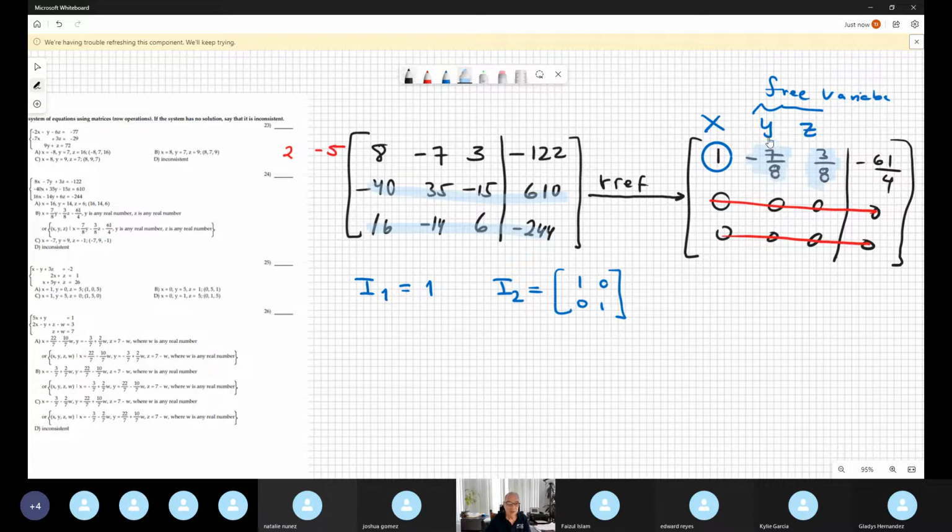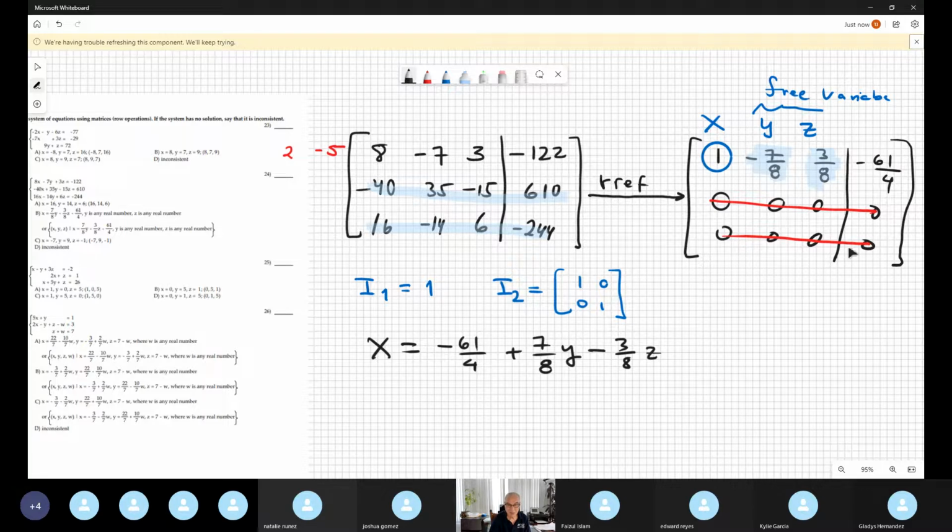Okay, so it's easy. You write equation 1 like that. You always isolate the non-free variable, which is x, as a function of the free variables, because a free variable is any real number. Negative 61 over 4 plus 7 over 8 y, when you move it to the other side, minus 3 over 8 z.